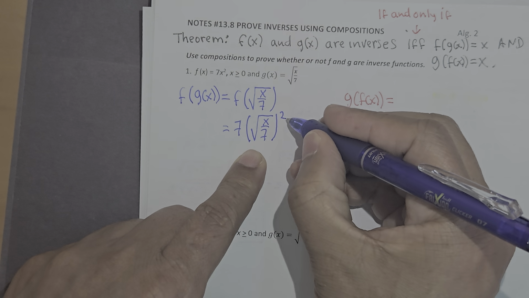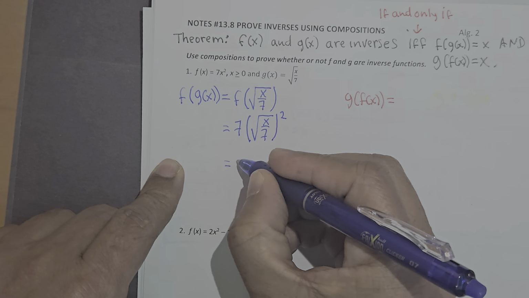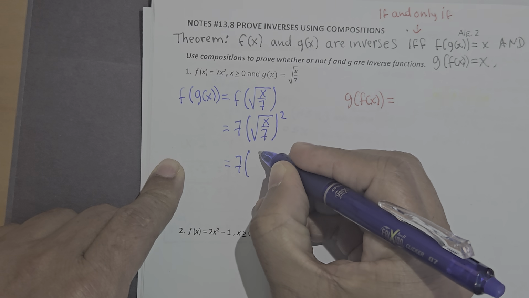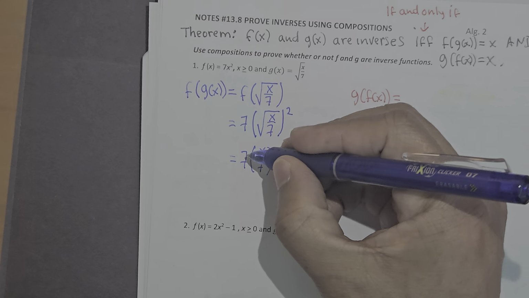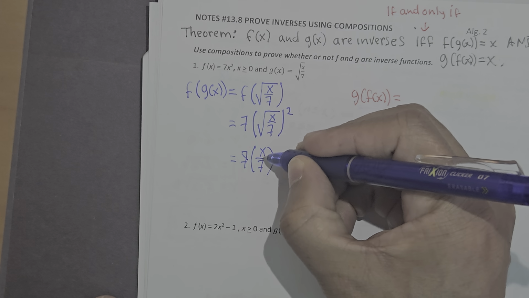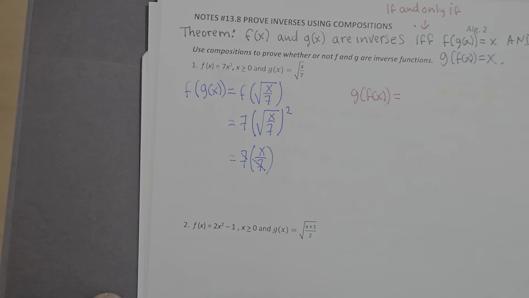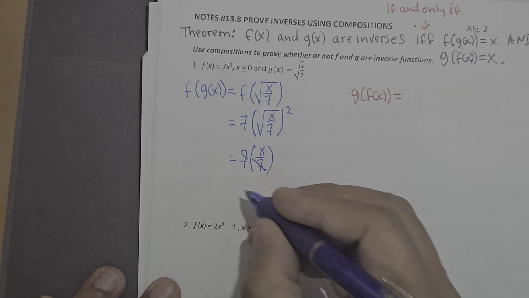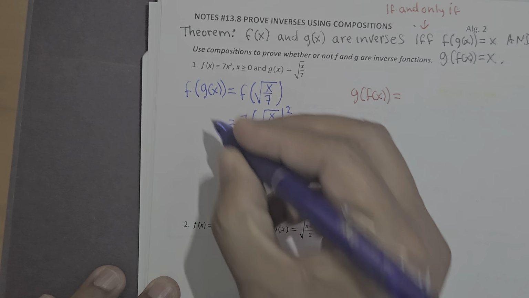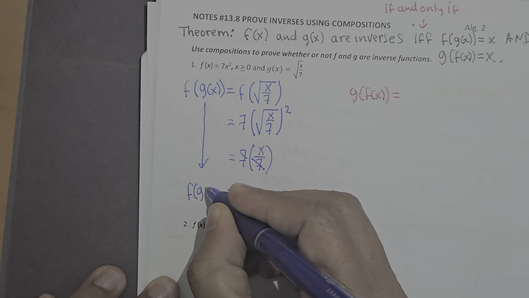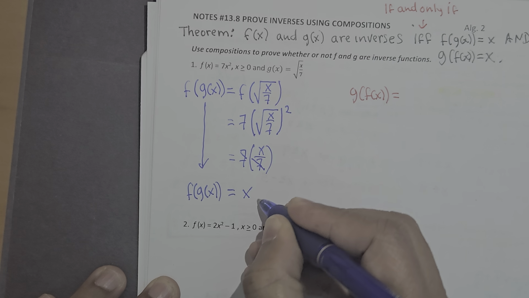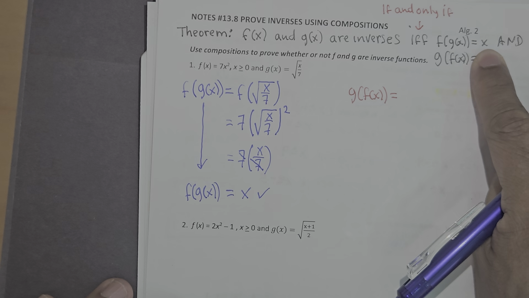When you take the square of the square root, that's going to cancel the square root. So then we have 7 times x over 7. Notice that we have 7 being multiplied by x over 7, so those 7s simplify to 1. All that's left is x, which means the composition of f of x with g of x is equal to x. So this condition is met.